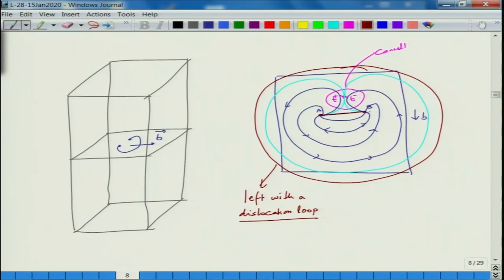So, sort of it got pinned at A and B. When you apply stress in this direction, it allows it to balloon in a further direction. Let us say this is tau. So, it adopts this first stage, the second stage, third stage, fourth stage, fifth stage and the sixth stage. And as you keep ballooning it, when the opposite ends of the dislocation come close to each other, they cancel each other.